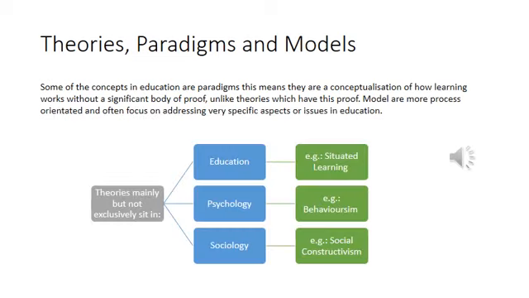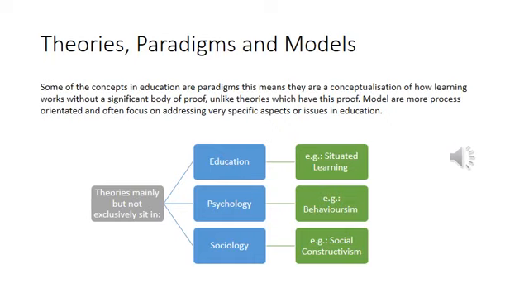So, educational theories. There is a little bit of a hierarchy in terms of theories, paradigms, and models you'll find in education as elsewhere in humanities and social sciences. We talk about theories if we have a concept that has a significant body of proof.